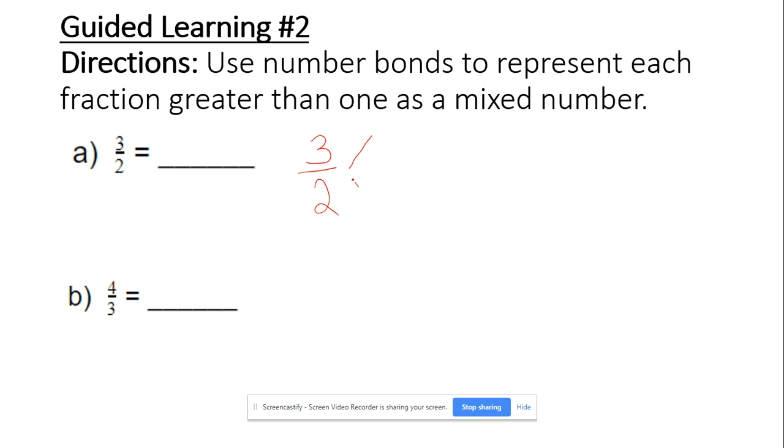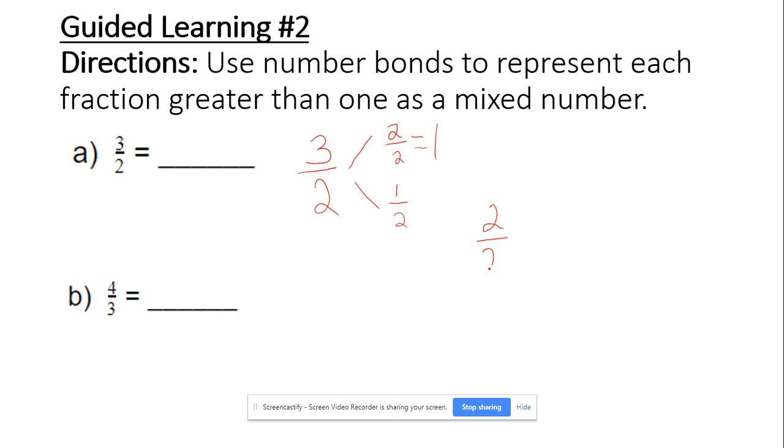Well, we can break this up. We know that 2 over 2 is equivalent to 1 whole. And if we have 2 over 2, we need to get to that 3 in our numerator. We're going to add one more half. So we have 2 halves plus this 1 half, and we get 3 halves.